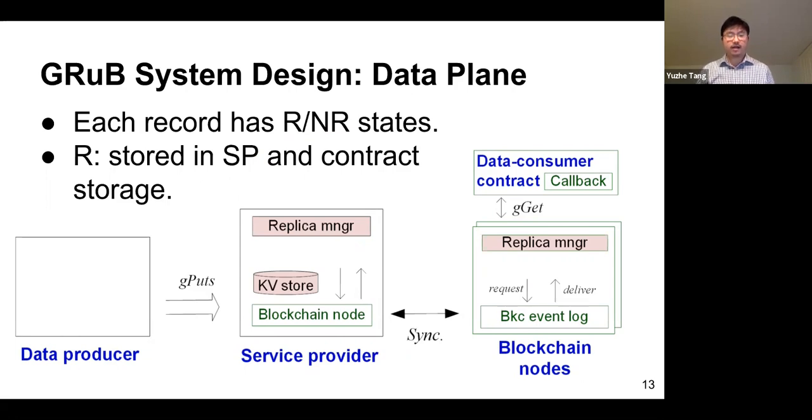The data is by default stored off-chain in the key-value store on the service provider. Additionally, data is also replicated to the smart contract storage on the blockchain. Accordingly, there are 2 programs managing the 2 replicas.